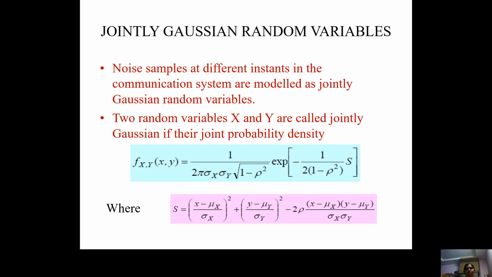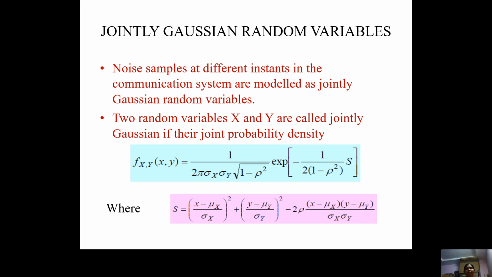defined like this. f xy of x, y equals 1 by 2 pi sigma x sigma y square root of 1 minus rho square, times e power minus 1 by 2 into 1 minus rho square, into s.